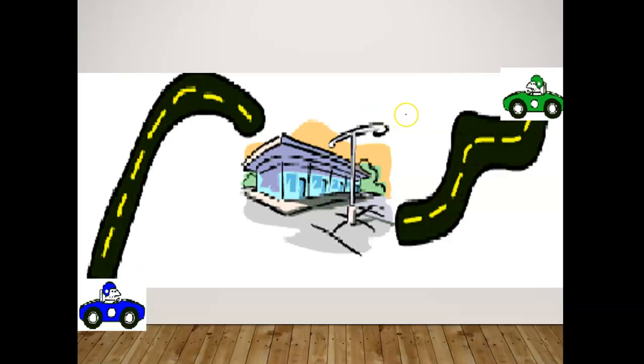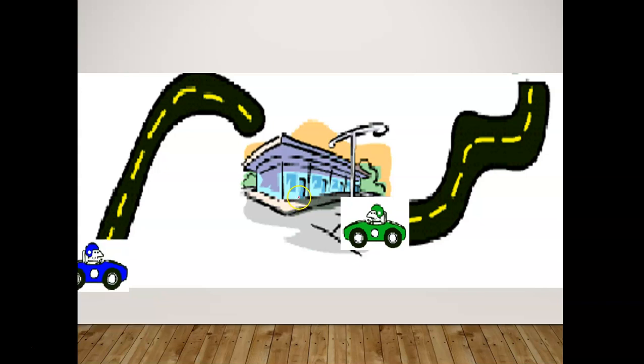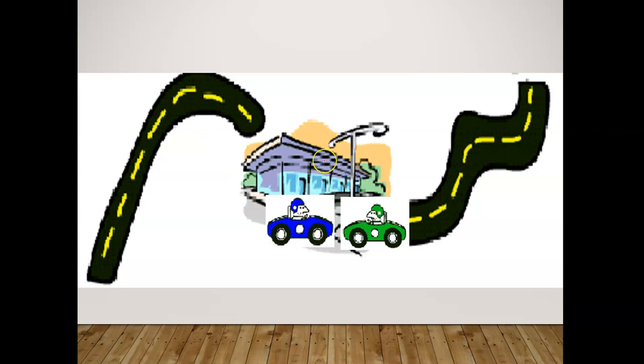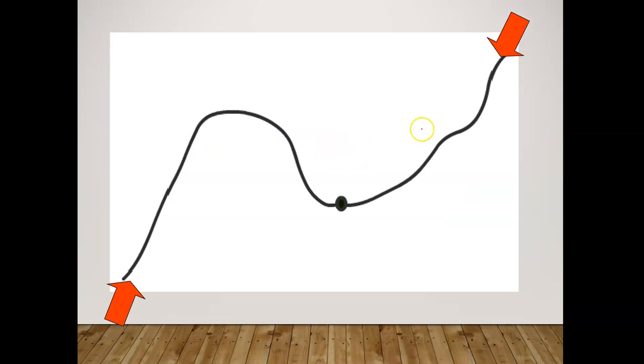For example, the green car arrived at, I think this is a shopping complex or a cafe, and then the blue car is also going to the same destination. So we can say that the limit exists at the cafe. Like for example, this arrow moves to one point and the other one moves to the same destination point. So there exists a limit here, the value.